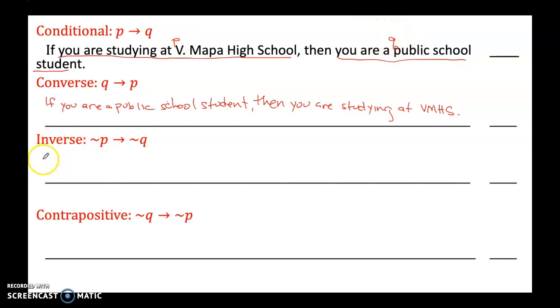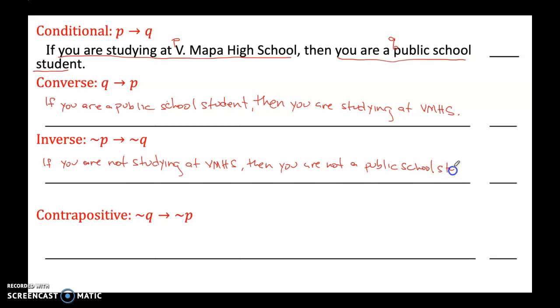So the inverse will be: if you are not studying at Bimapa High School, then you are not a public school student. So that is our inverse.